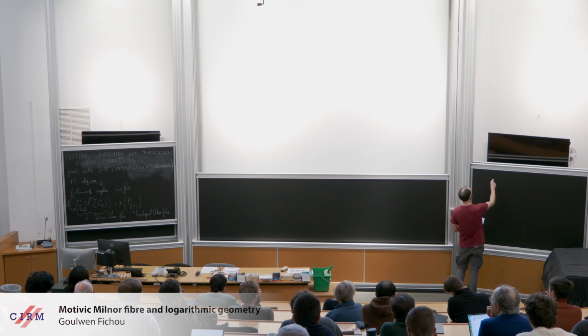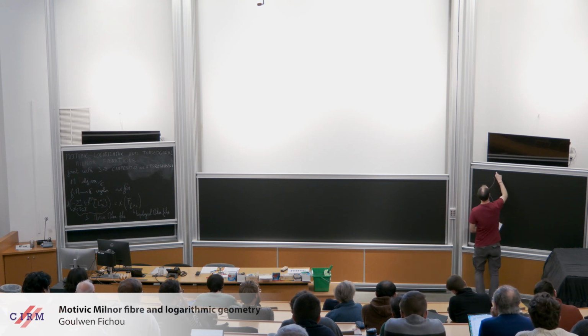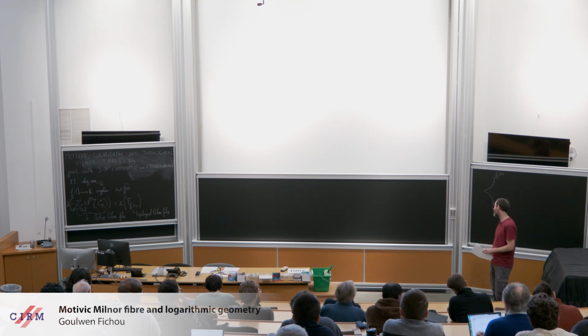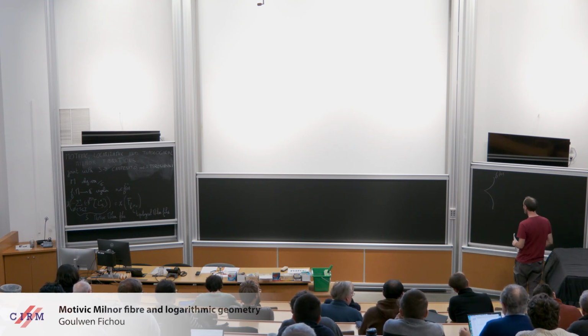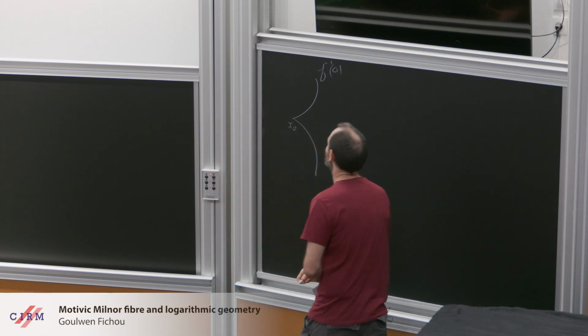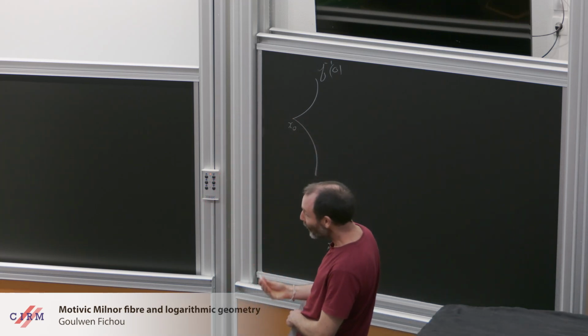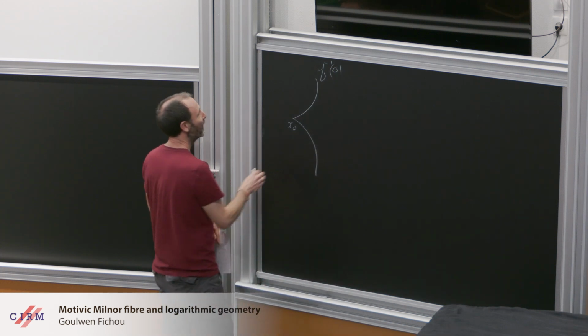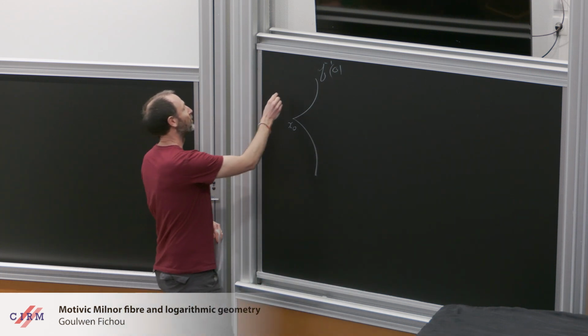So let's say that we have the zero set of our function, which is something like this. We want to consider a point in the zero set, possibly singular. We are going to consider this in some ball.